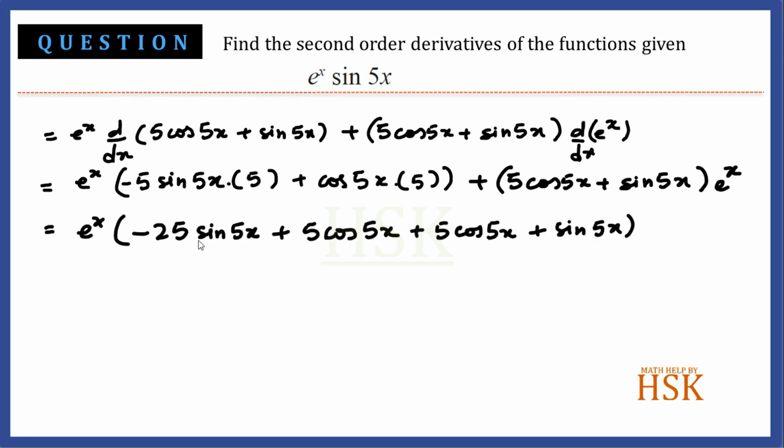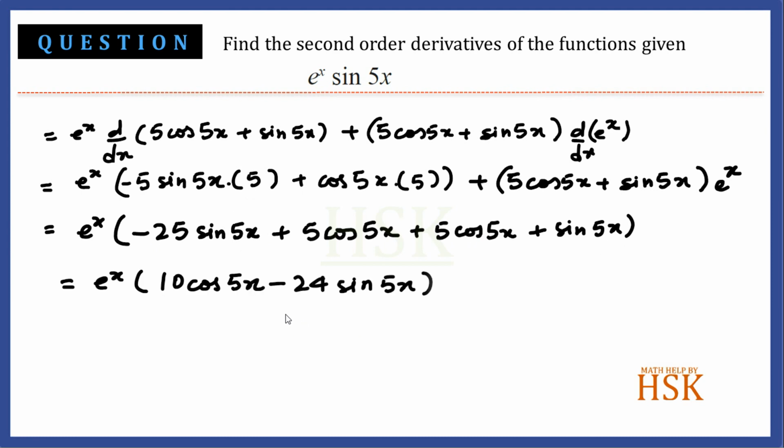Further, I can take e to the power of x as common from both these terms. So I'm going to get here minus 25 sine of 5x plus 5 cos of 5x plus 5 cos of 5x plus sine of 5x.